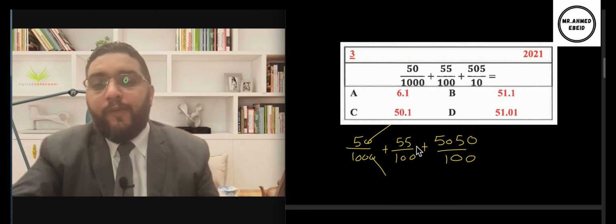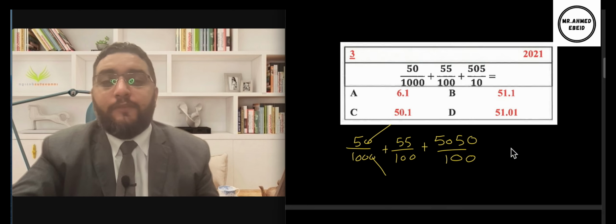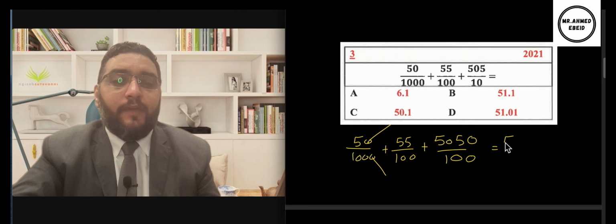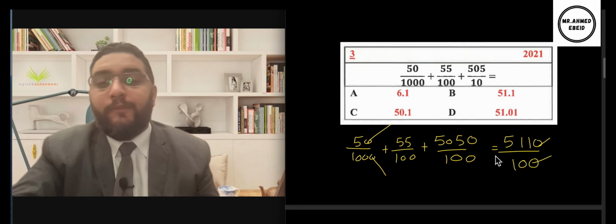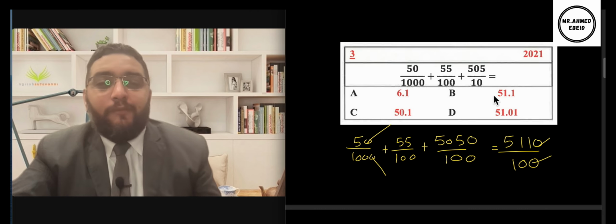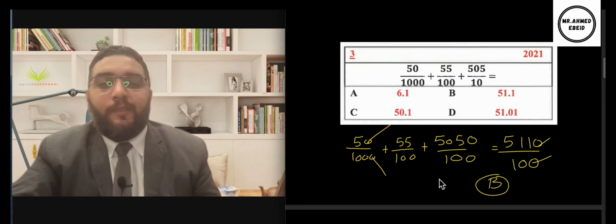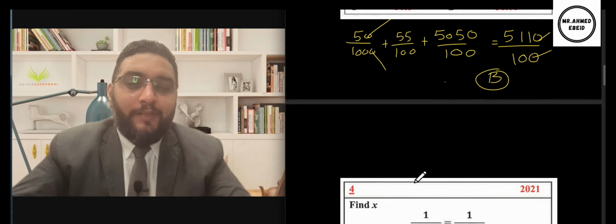So find the sum of 5 plus 55, which equals 60. 60 plus 5050, which equals 5,110 over 100. You can cancel 1 0 and 0, so it will be 511 over 10, which equals 51.1, which is B.